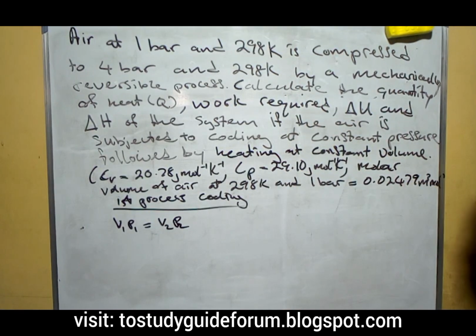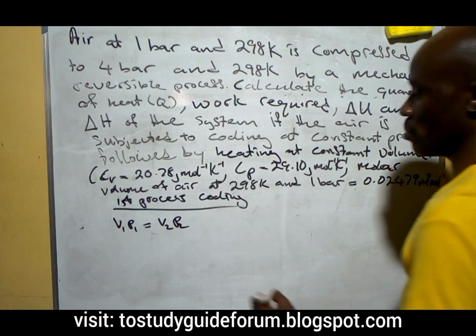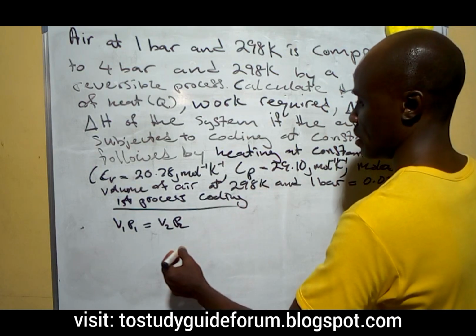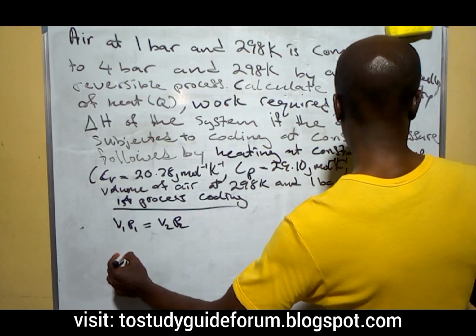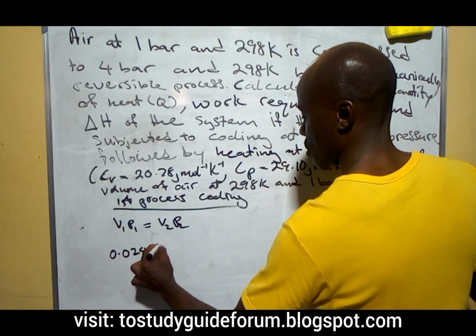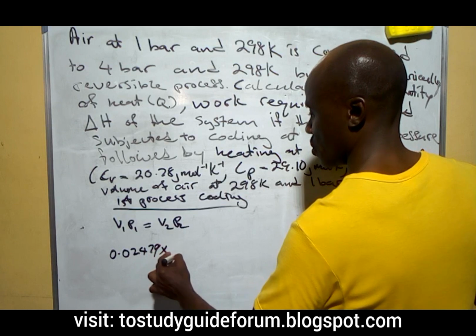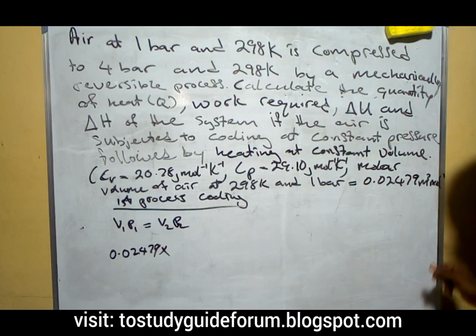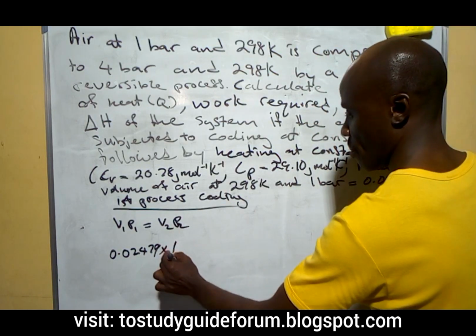So using Boyle's law now, we know that the initial volume here, our first volume at 1 bar, is 0.02479, and the pressure at that point is 1 bar.